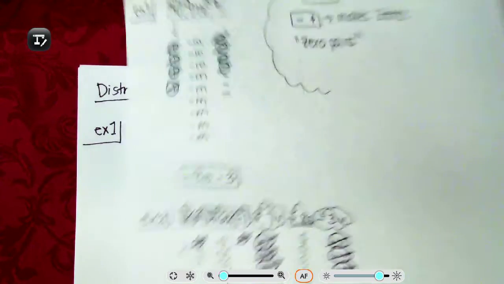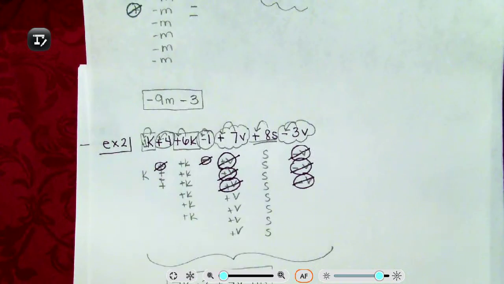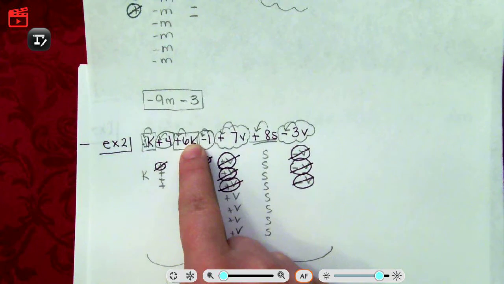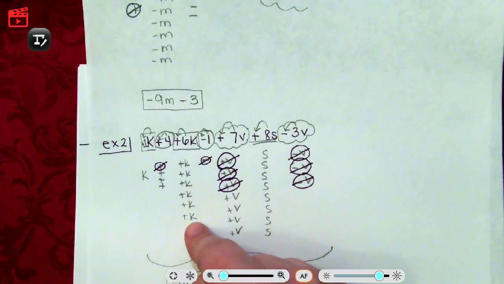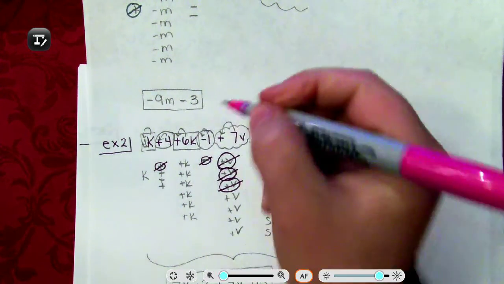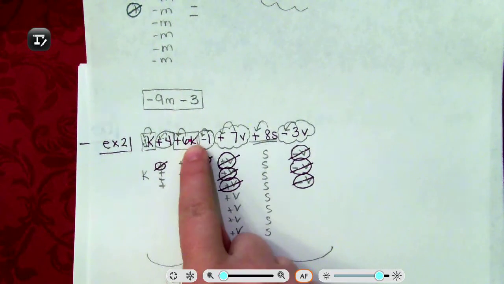This is combining like terms. Whenever we had 6k, the quantity, we drew 6 k's. Now again, mathematicians are very lazy, so there's a secret multiplication, a secret dot there, that mathematicians just don't write because it takes too much time. But this is, I have 6 groups of k.